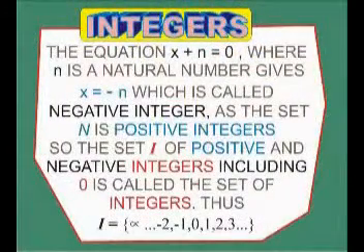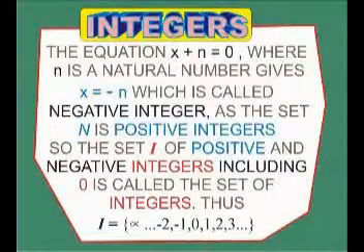Integers. The equation x plus n equals 0, where n is a natural number, gives x equal to minus n, that is, the negative of a natural number, which is called a negative integer, as the set N is positive integers.